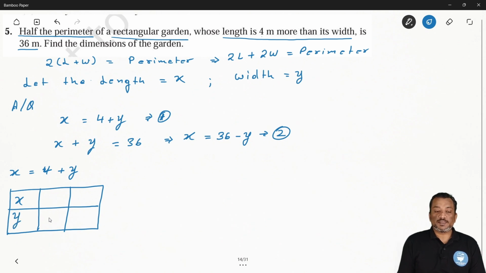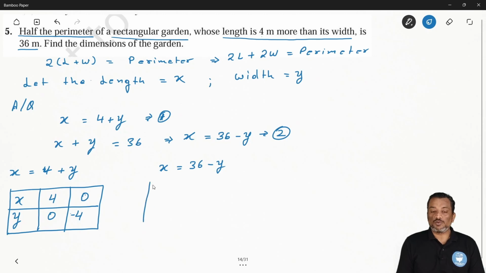When y is equal to 0, x is 4. When y is equal to minus 4, x is 0. In the same way we can find the solution set for x is equal to 36 minus y.